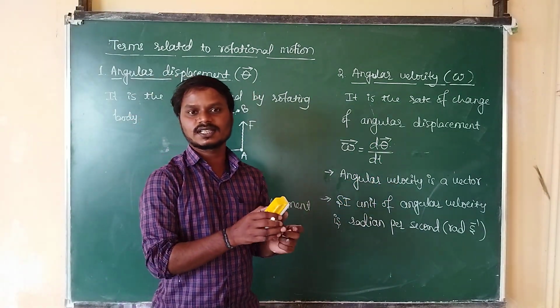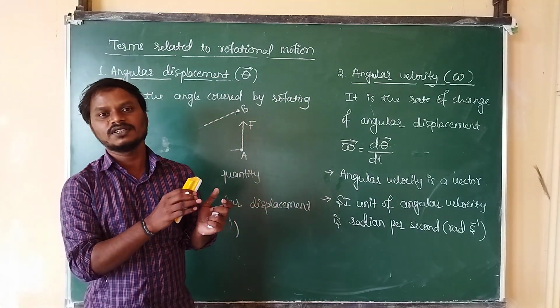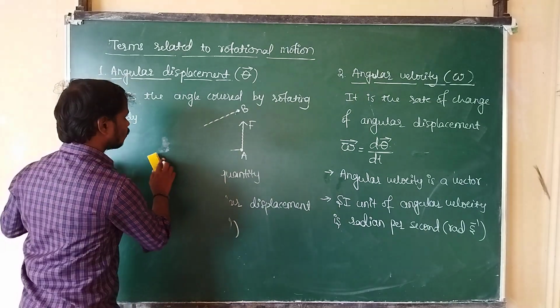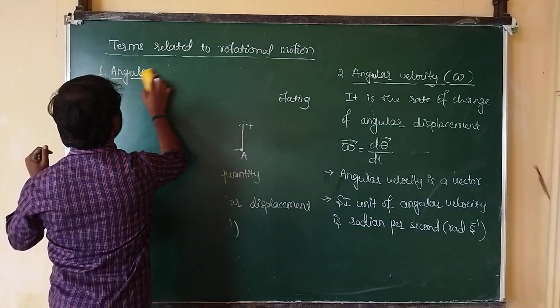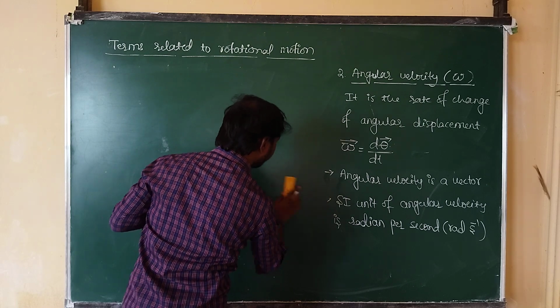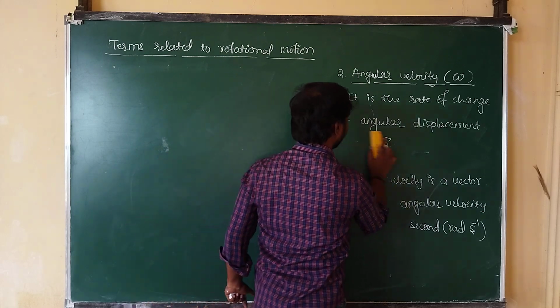Now we are going to discuss the relation between linear velocity and angular velocity of the rotating body.